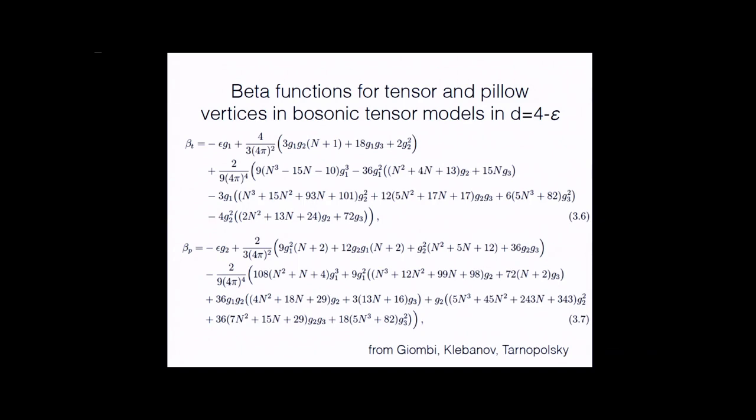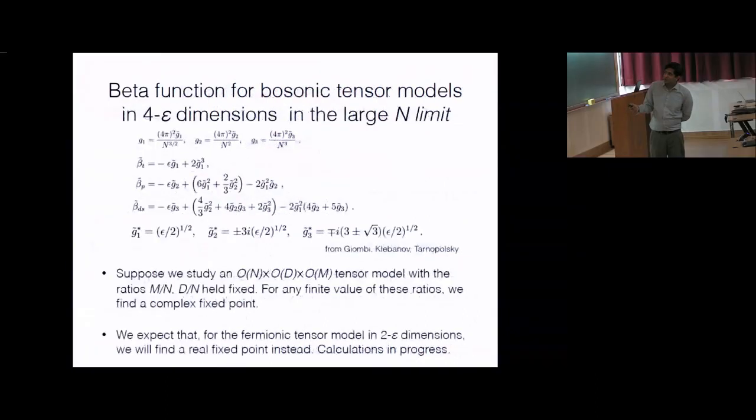Okay, this is fairly complicated, but if you scale the couplings in the natural large N scaling and just keep the leading order terms in the large N limit, we find the following system of 3 equations for the tetrahedral, the pillow, and double trace couplings.